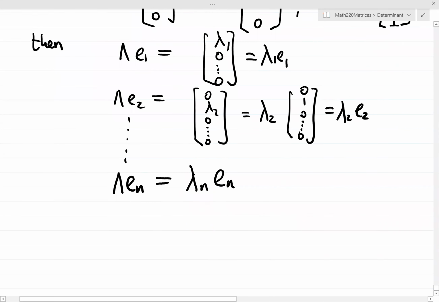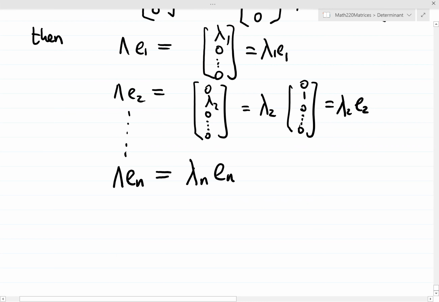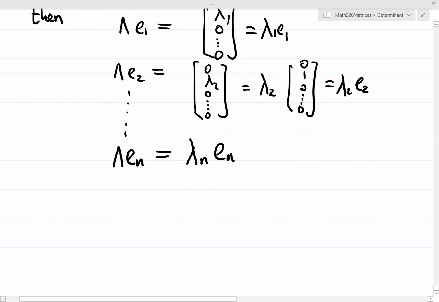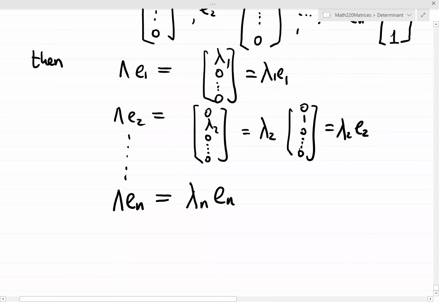Okay. So this is what a diagonal matrix does. Now, suppose we have a matrix with eigenvectors.